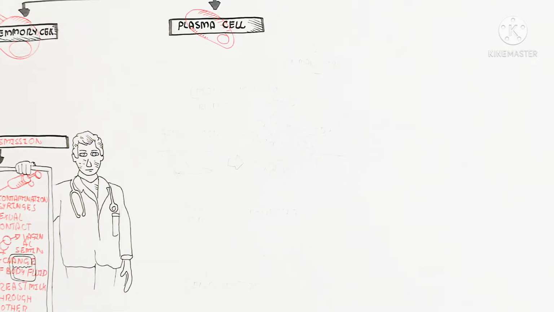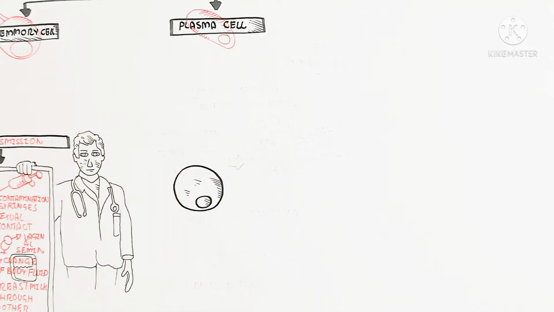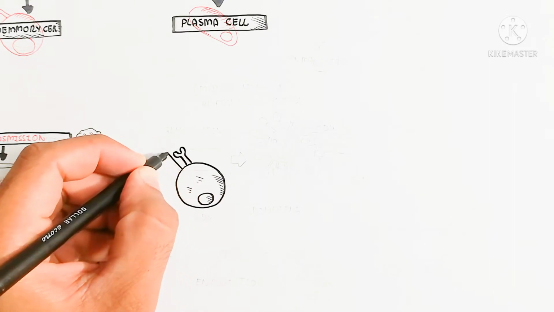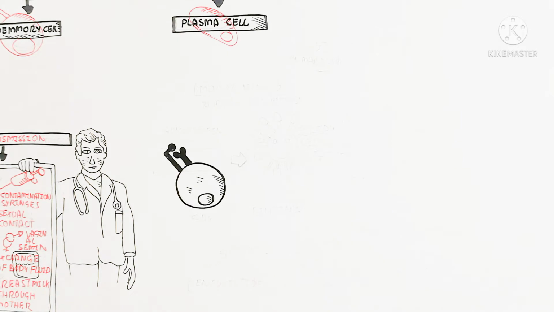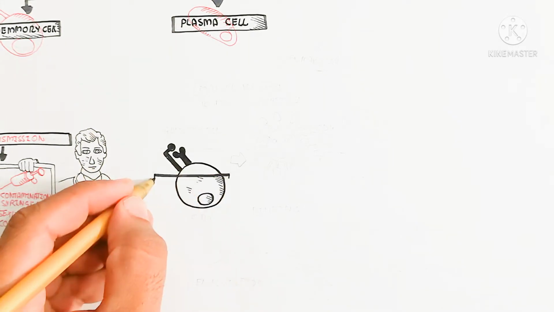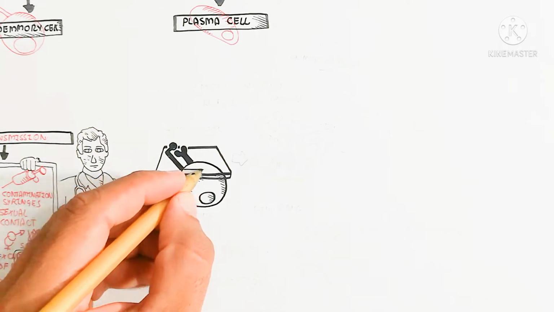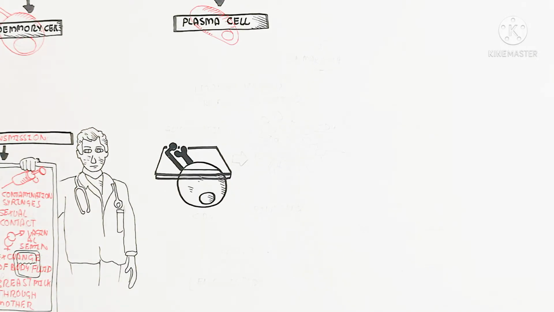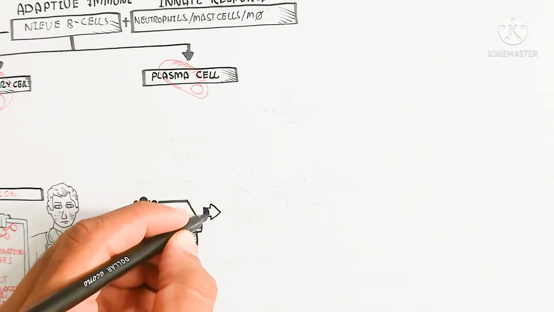We will discuss that now. Here I am drawing the CD4 cell, which contains CD4 molecules and the T cell receptor. There are many CD4 molecules present, but for understanding I am showing just one.